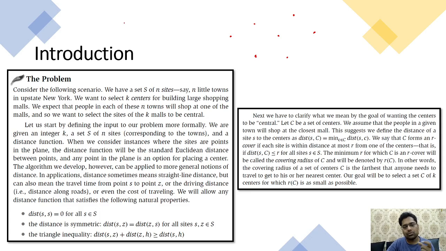To find the distance between two points (x1, y1) and (x2, y2), the distance d is the square root of (x2 minus x1) squared plus (y2 minus y1) squared. Whenever we are discussing a plane, we are considering the Euclidean distance between those points.